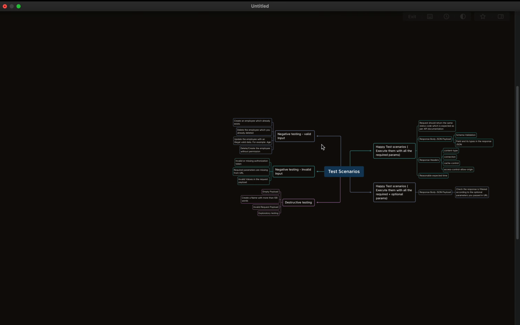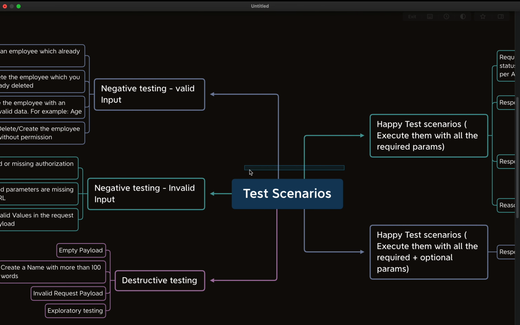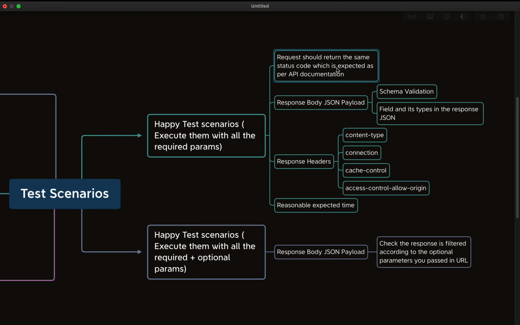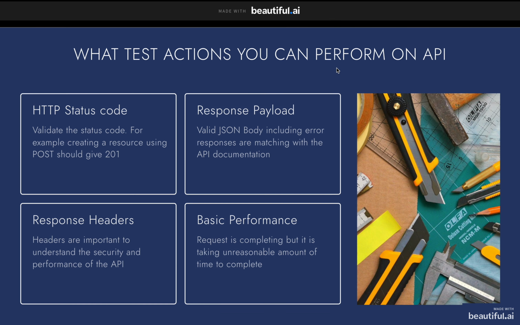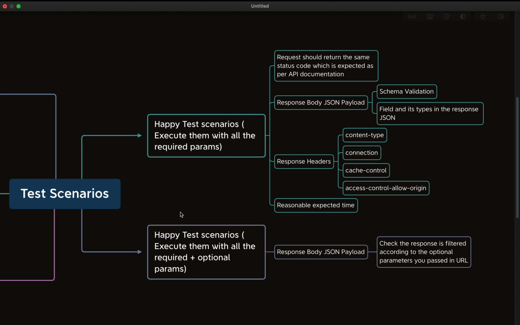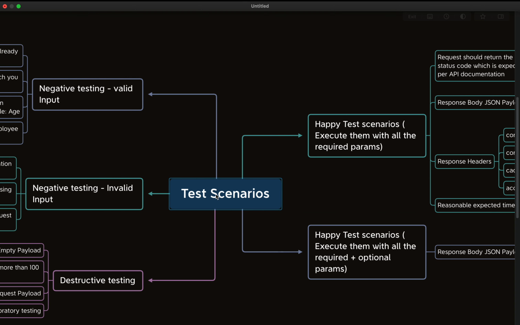And when I say negative testing with valid inputs, just make sure that the happy test scenarios which we have discussed here, the status code, response payload, response headers, and basic performance, these things we have to check in every test scenario.